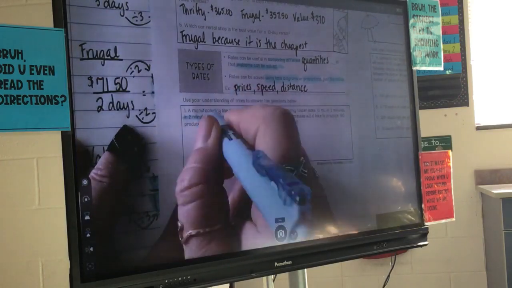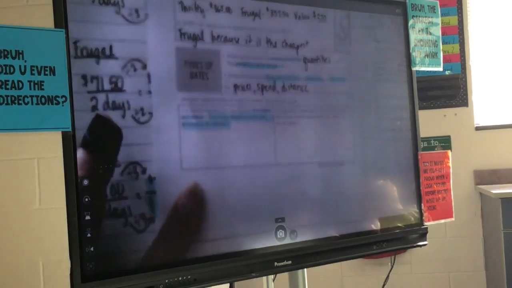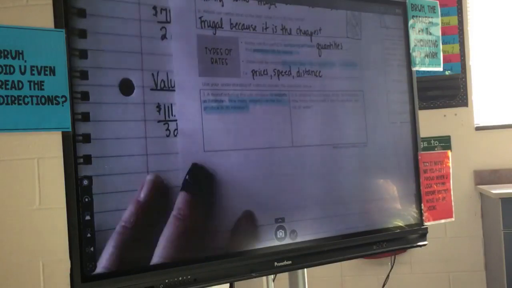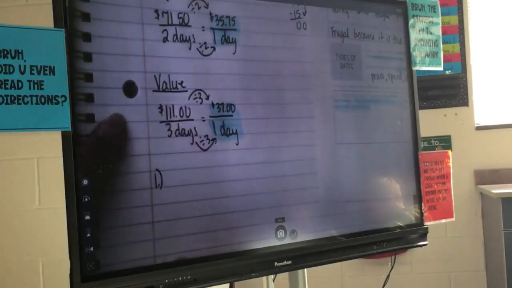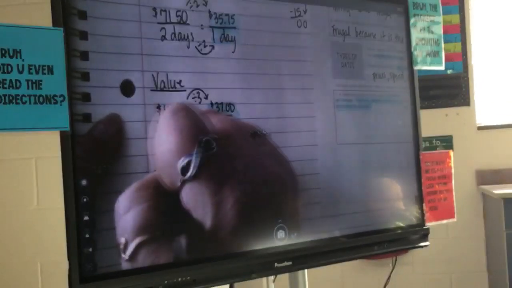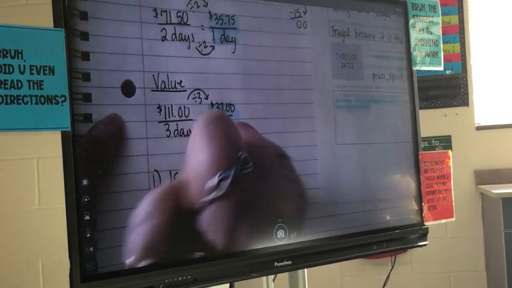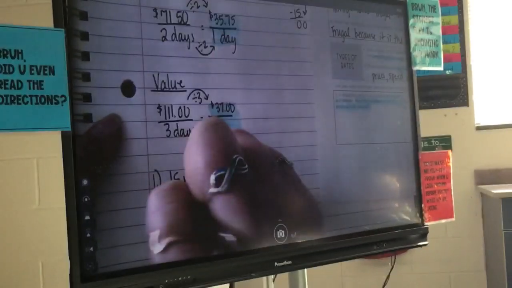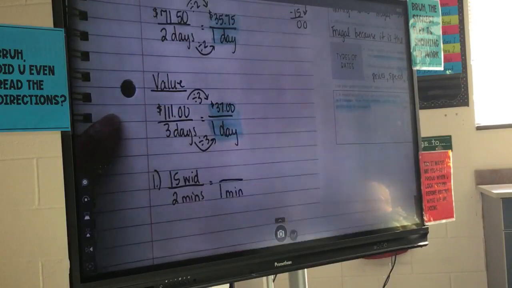We have to find out how many wedges the line can produce in 30 minutes. So in your notebook, we're going to write number 1. 15 wedges for 2 minutes. We want to find out how much they can produce in 1 minute. How do we go from 2 to 1?